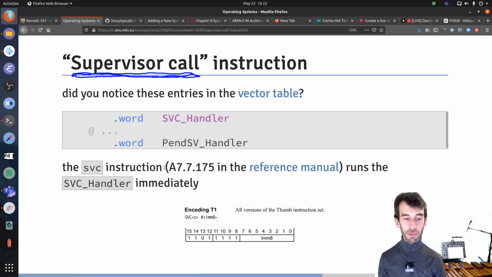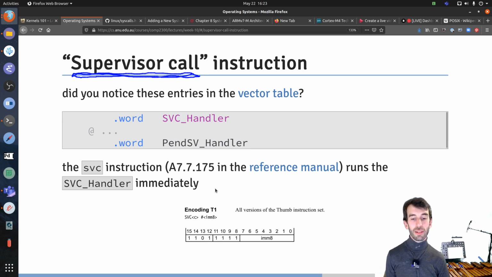So we can look this up in the reference manual. The supervisor call instruction is a simple instruction that has 16 bits and includes an 8-bit immediate. So the idea would be that you might define a bunch of system calls up to 8 bits, so you could have 256 of them.